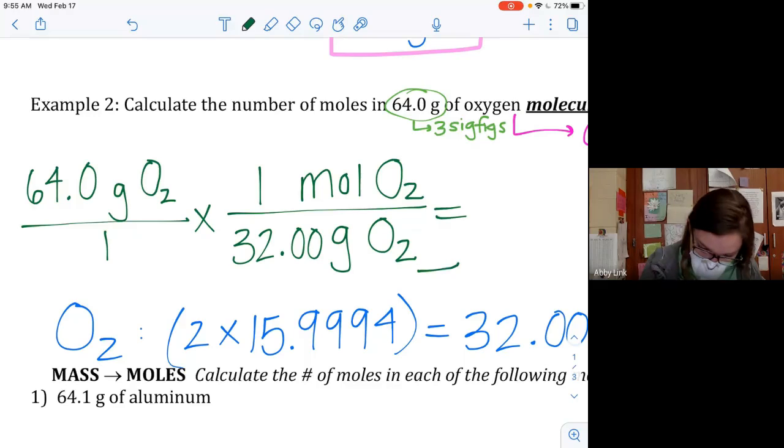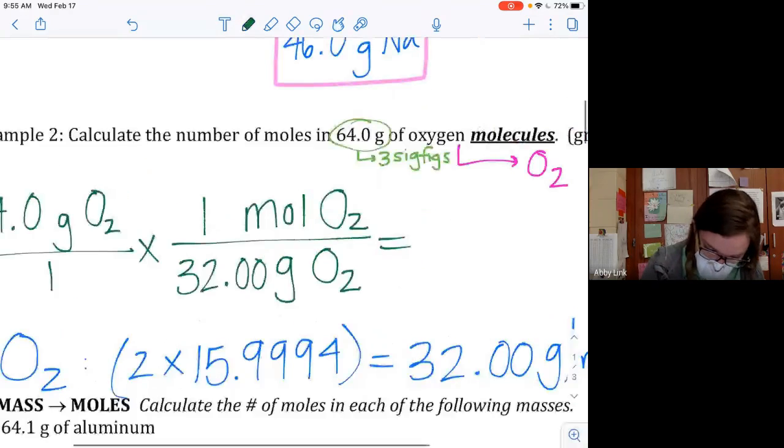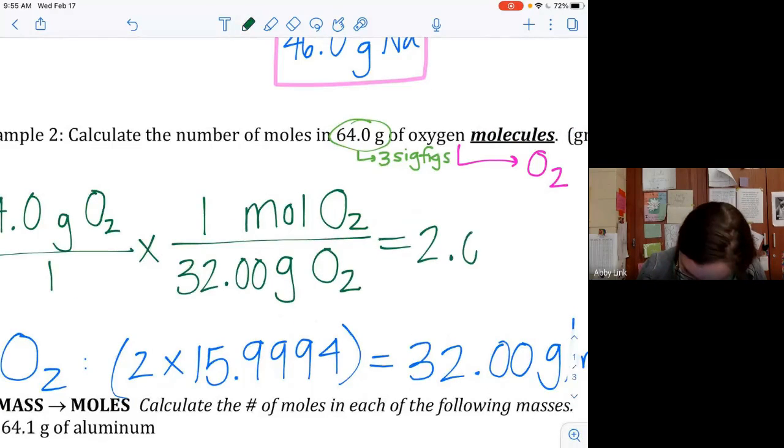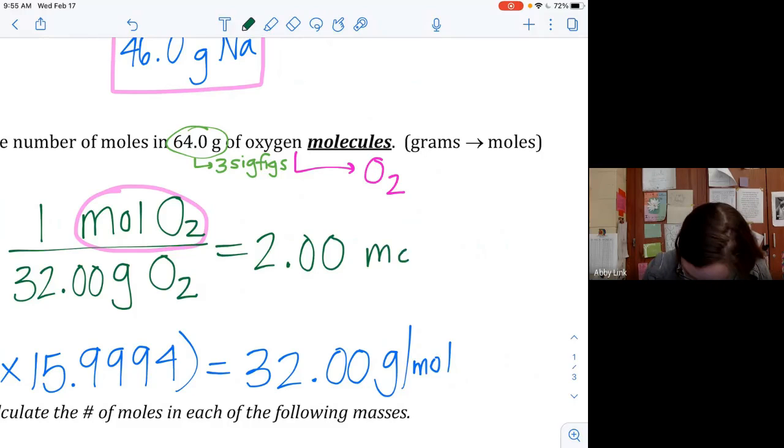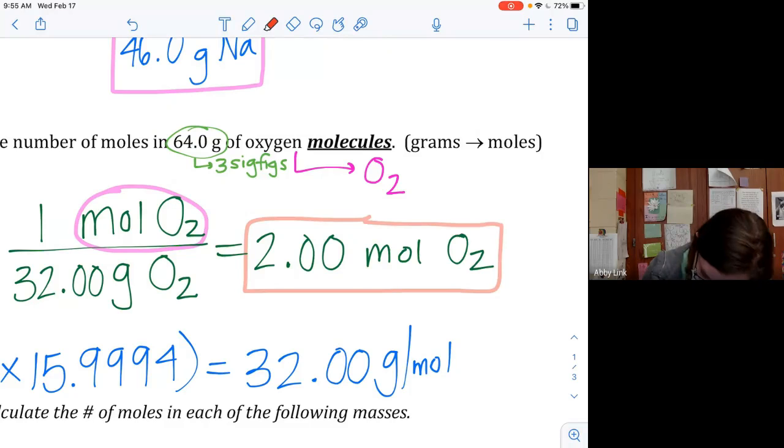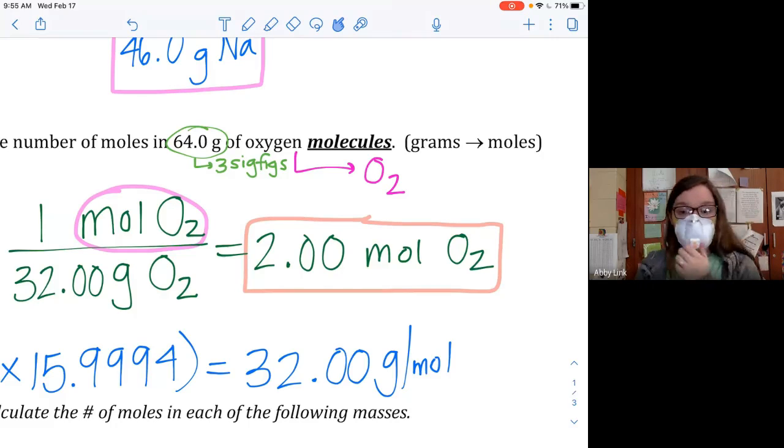We can write it as 2.00. And my unit here, guys, is whatever's left on the top. So it's going to be 2.00 moles of O2 as my final answer.